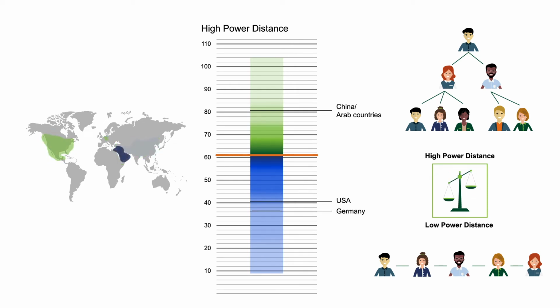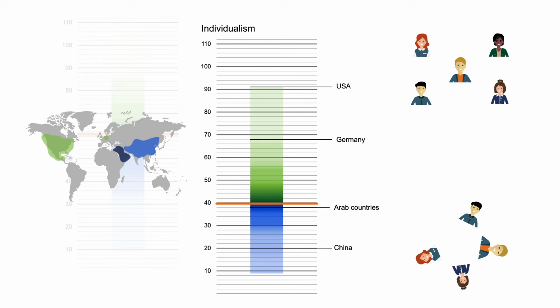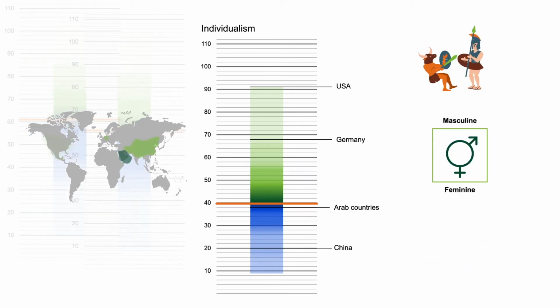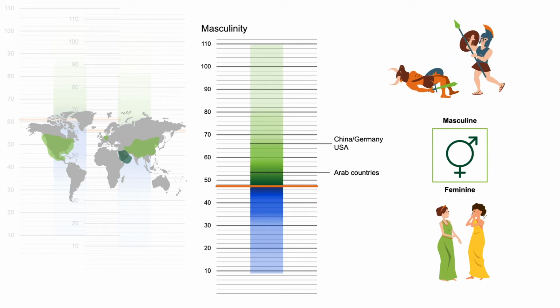The second dimension differentiates individualistic societies, where the ties between individuals are loose, with collectivist societies, where people are integrated into strong, cohesive in-groups. The third dimension characterizes the preferred social behavior style, which can either be more masculine or more feminine.